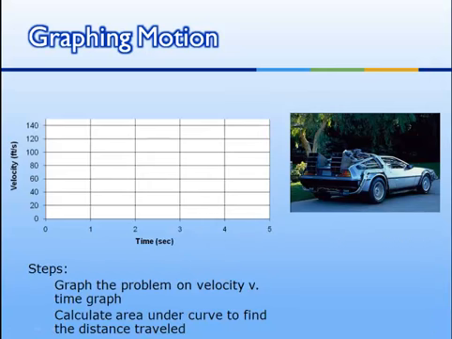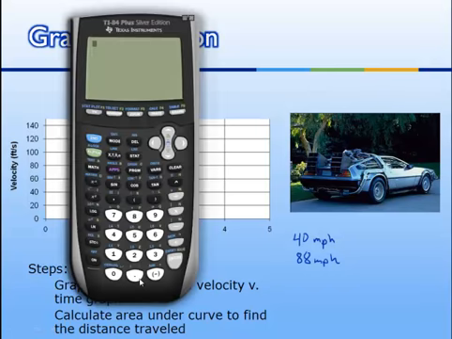So, before we begin, 40 miles per hour and 88 miles per hour. We should convert those into more standard speeds having to do with seconds. So we can calculate these pretty quickly. 40 miles per hour.